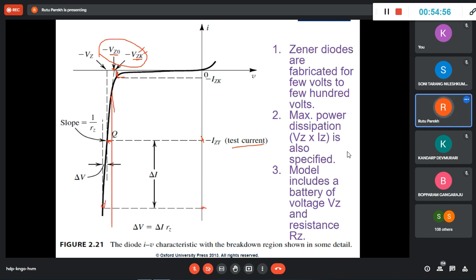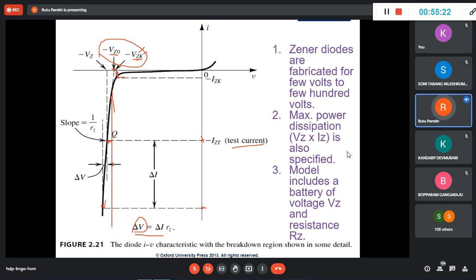This is a straight, almost linear line. When you draw a line and you take out the slope, it is 1 upon RZ, and it will cut here at VZ0. And this is the relation for a huge change in current. For a huge change in current, this is the change in the voltage, and the relation is delta V is equal to delta I into RZ.